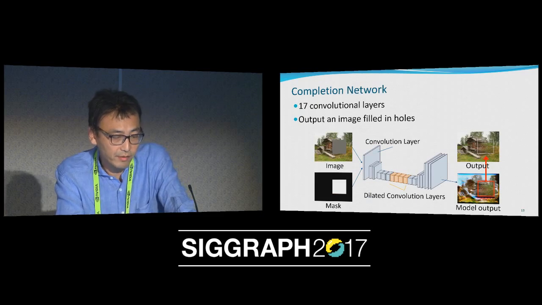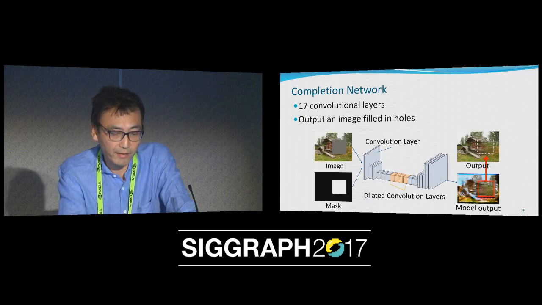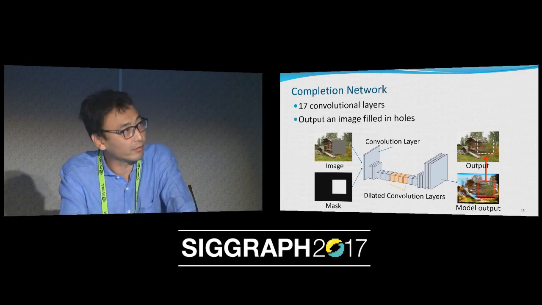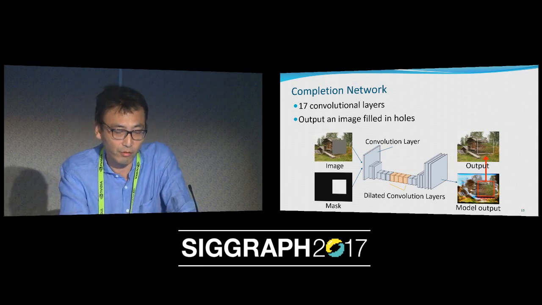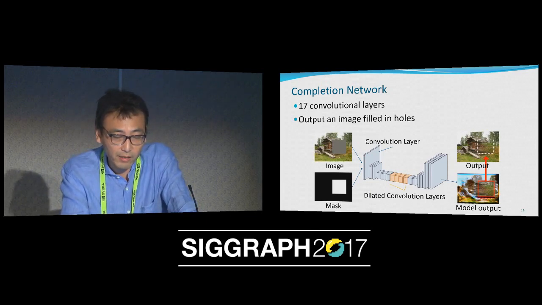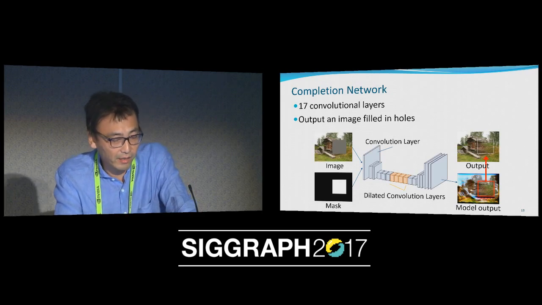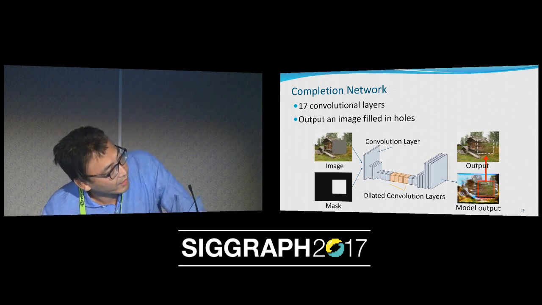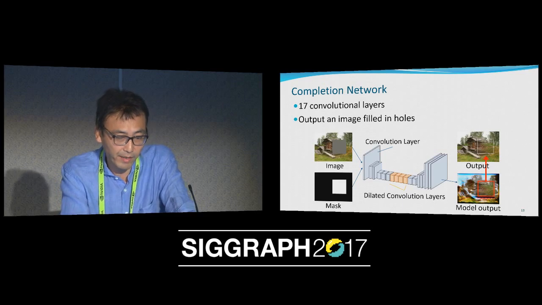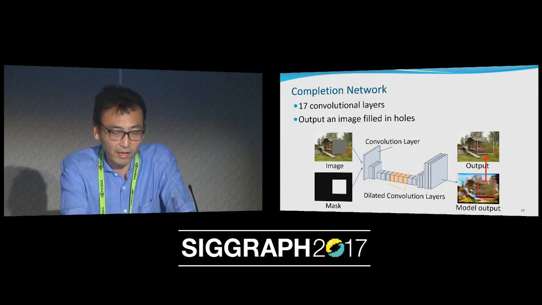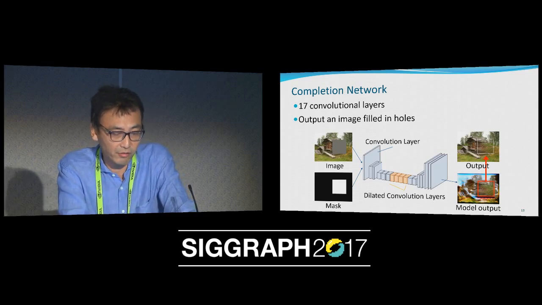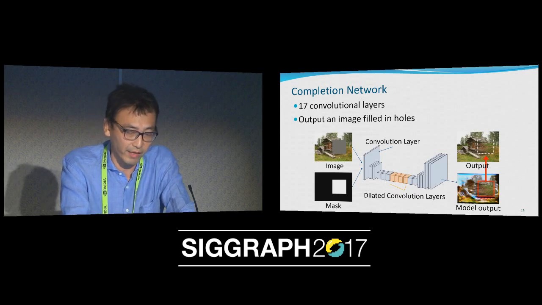Okay, so the completion network is based on a fully convolutional network with 17 convolutional layers. The input is an image and the inpainting mask, and the model output is an image that is plausible only for the masked area.